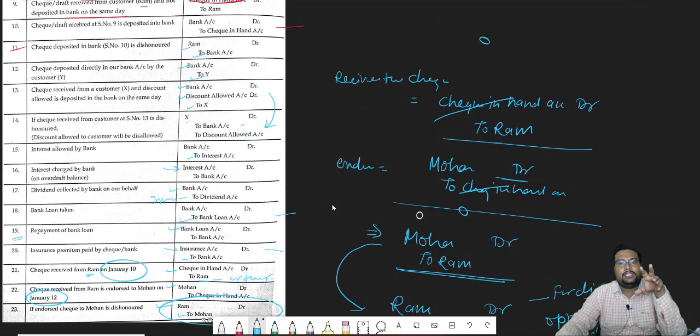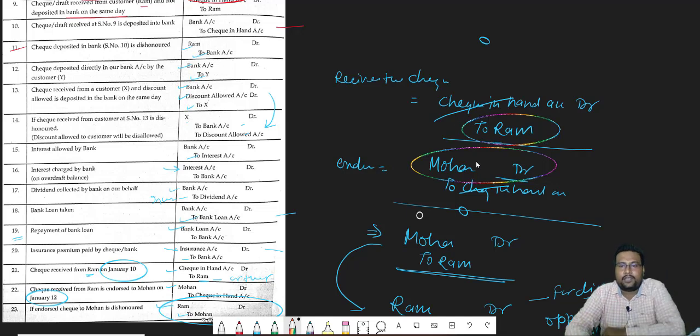So when we receive the check, check in hand account is debit. When we endorse the check, check in hand account is credit. Check in hand debit and check in hand credit will cut each other. And what remains is only Mohan debit and to Ram credit.